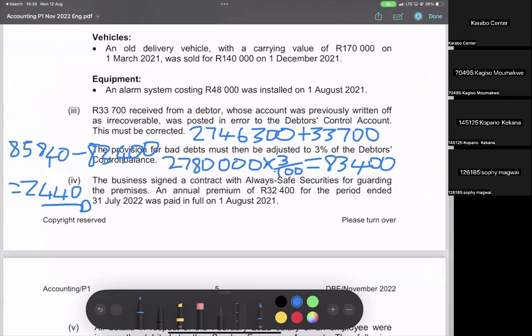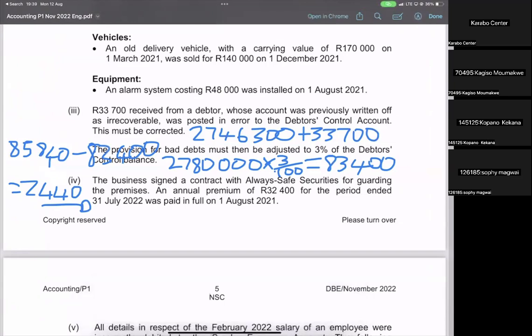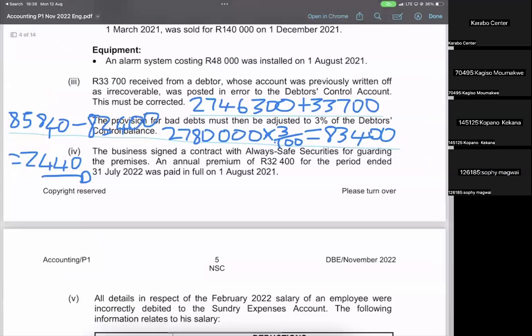And then we continue. Next adjustment, guys. The next adjustment says the business signed a contract with Always Safe Securities for guarding the premises. An annual premium of 32,400 for the period ended 31 July 2022 was paid in full on 1 August 2021.